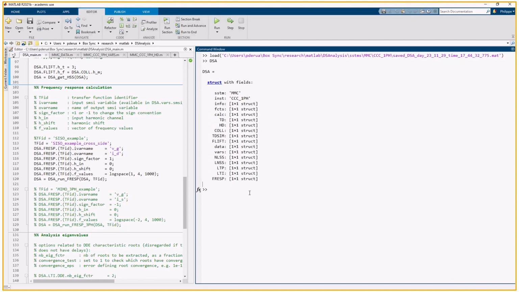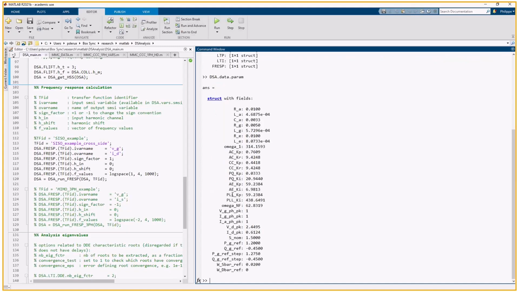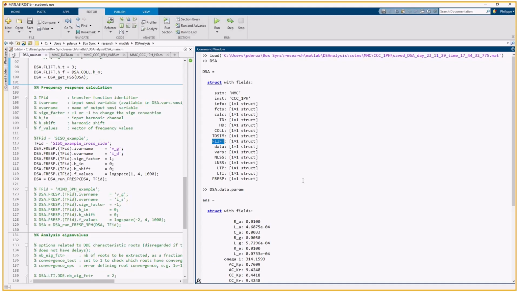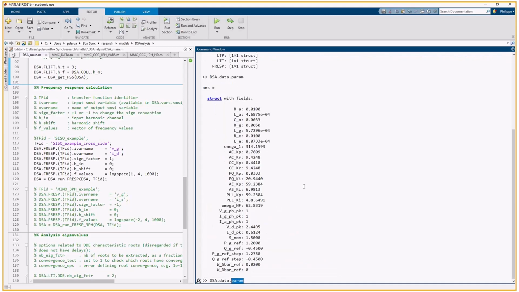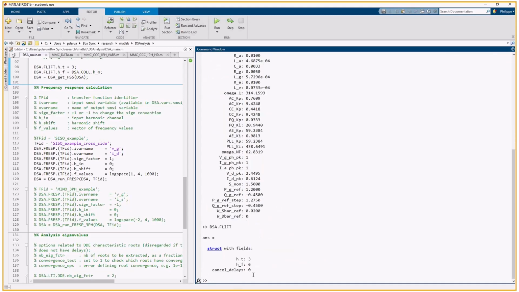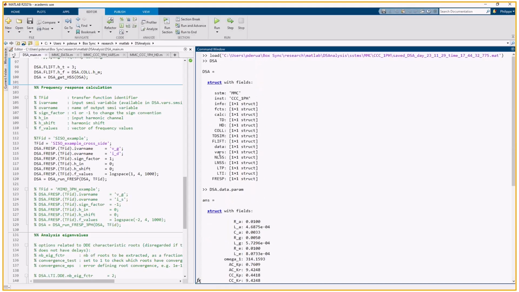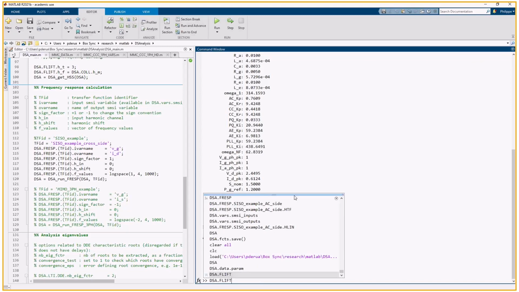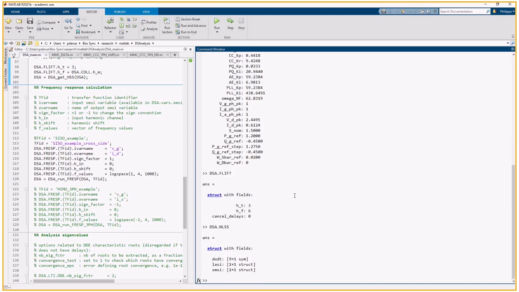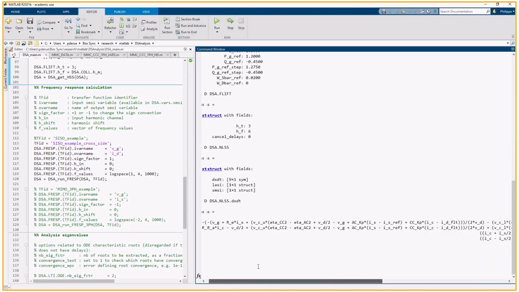This is quite interesting because at any time, if you have saved your DSA structure, you can go back to the specific data parameters that you've considered. You can check again the options that you used for frequency lifting. You can check the expressions of the nonlinear system that was considered, and so on.